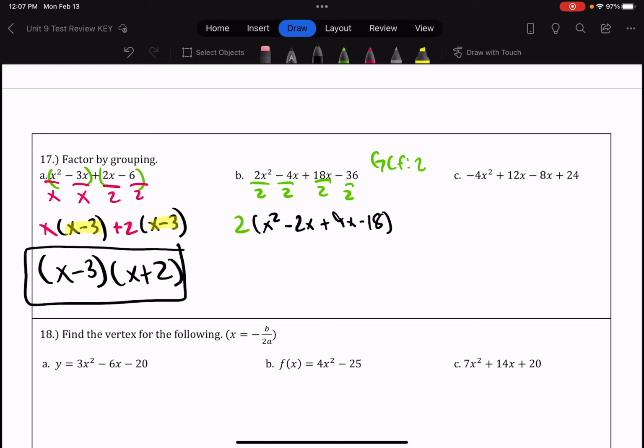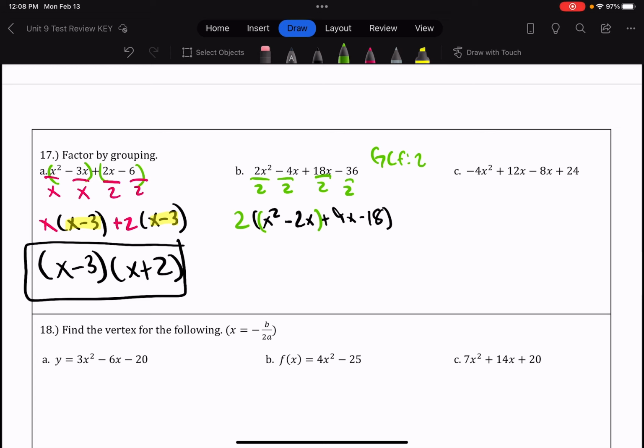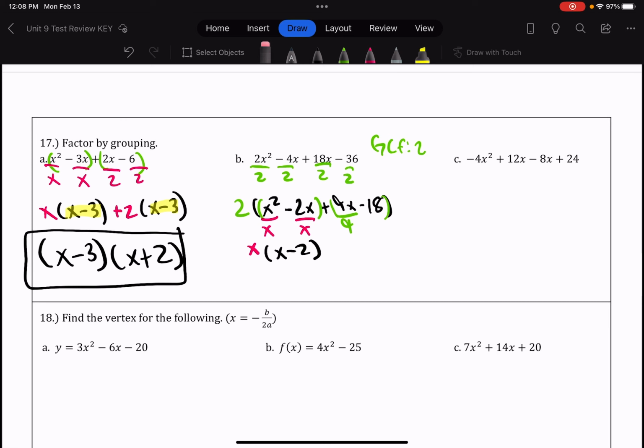So now I'm going to group these. These have been simplified. I have taken out that greatest common factor of 2. So let's go ahead and factor these by grouping. The greatest common factor between x squared and negative 2x is an x. If I factor out the x, I'm left with x minus 2. Then I've got 9x minus 18, so I'm going to go ahead and factor out that 9.